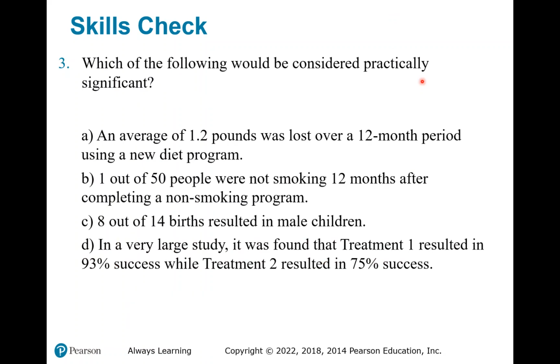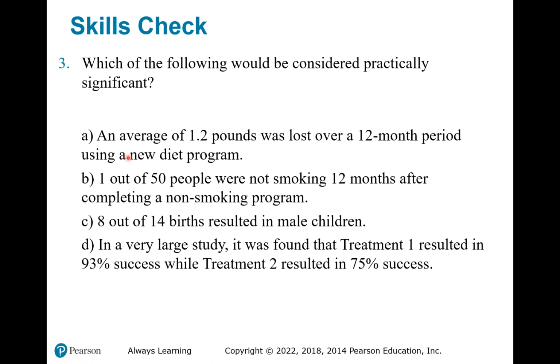Which of the following would be considered practically significant? An average of 1.2 pounds was lost over a 12-month period using a new diet program. Is that practical? 1 out of 50 people were not smoking 12 months after completing a non-smoking program.